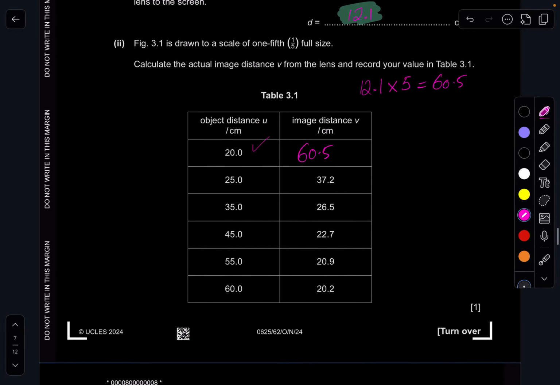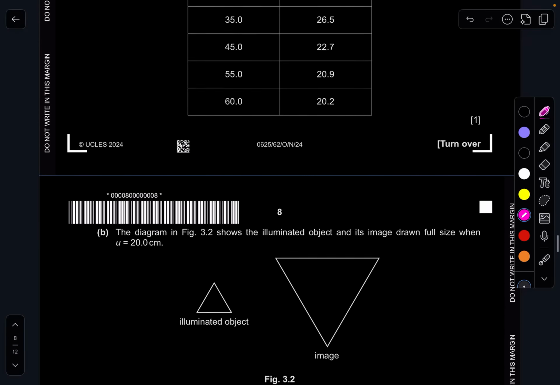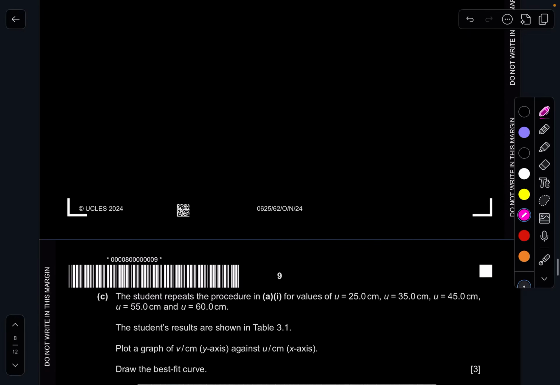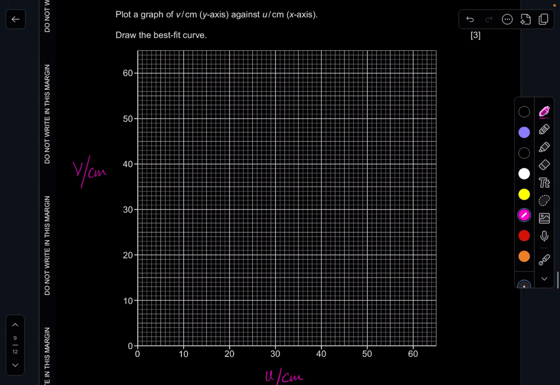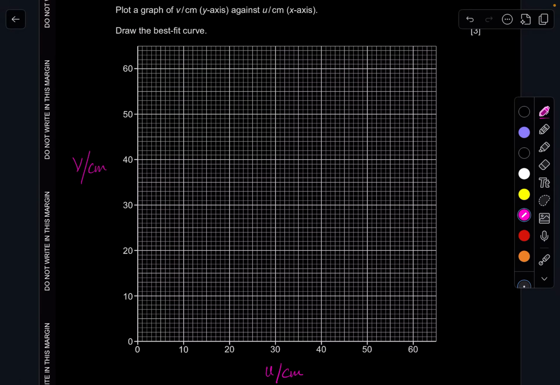Let me check the table. This is the table that we are going to follow. The first value from the table is 20 and 60.5. Okay, this is the 20 and 60.5.